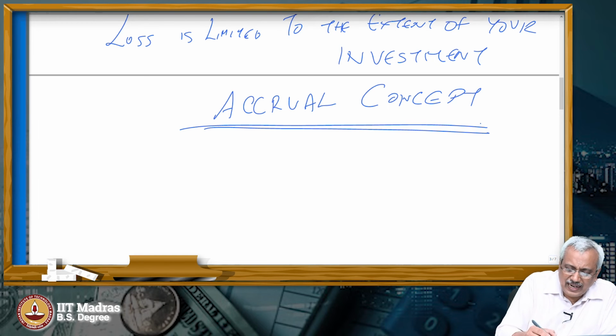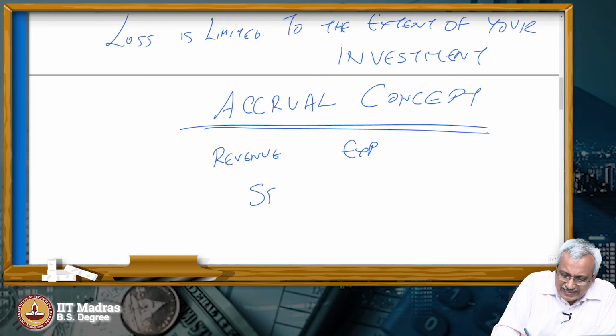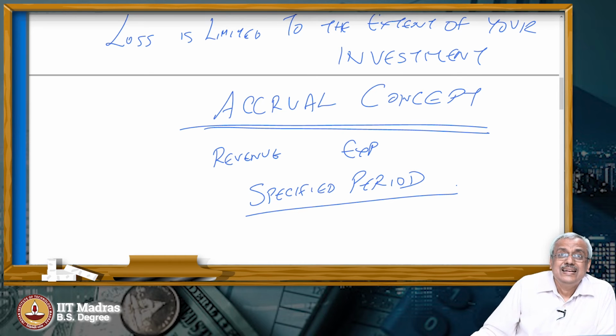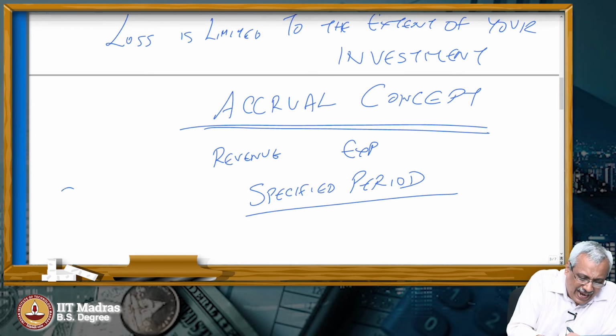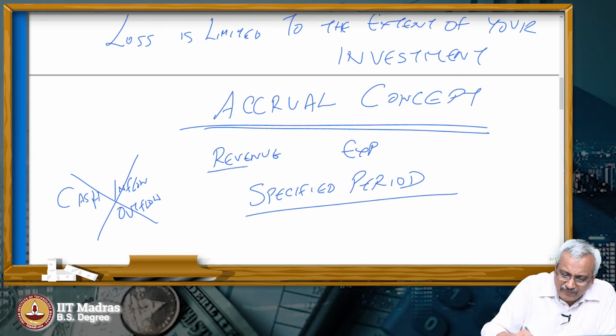We are looking at any income, revenue or expenditure that has occurred during the specified period. We are not worried about cash inflow or outflow. No, we are not worried about that. We are worried about revenue and expenditure.